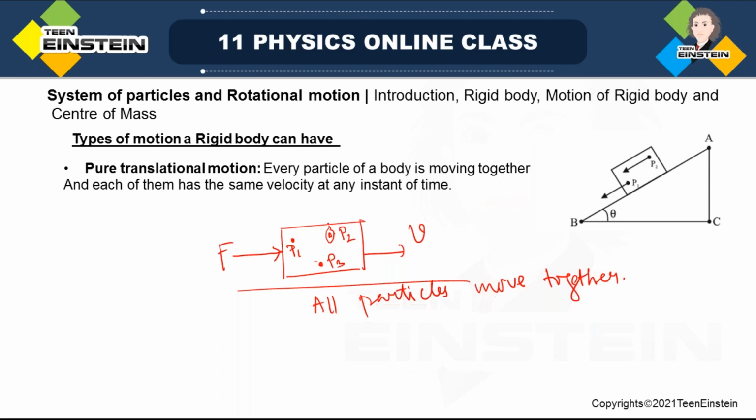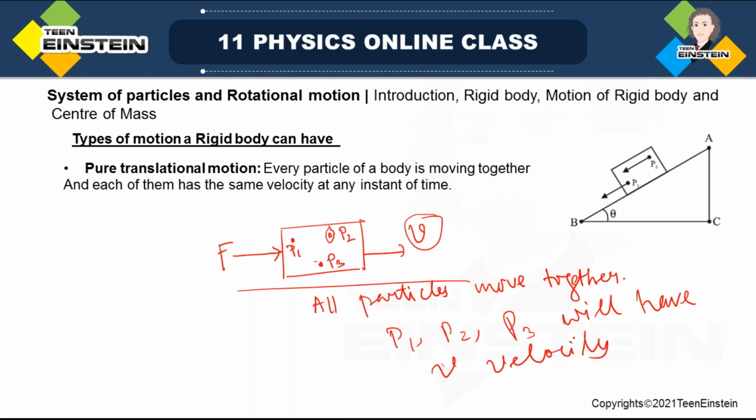Not only that, when this box has a velocity v, all of them, P1, P2, P3, will have velocity v. It is not like one particle is moving whereas the other particle is standing or at rest.